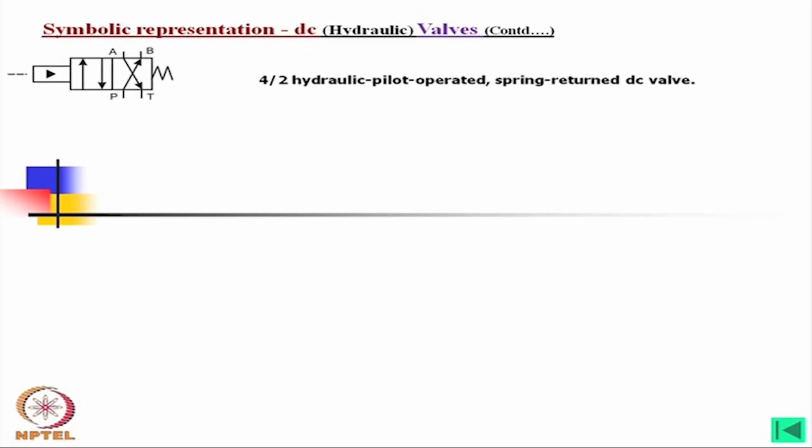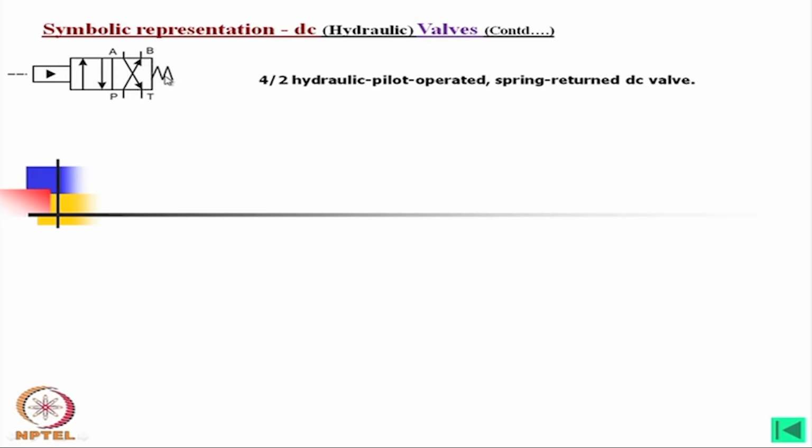Now, the symbolic representation of DC valve, we are still continuing. So far we have not discussed what is driving the spool and how the spool position is controlled. Control means at a certain position, if you want to maintain the position, how it is being done. In this case, on one side there is something like an M, which is nothing but a spring.